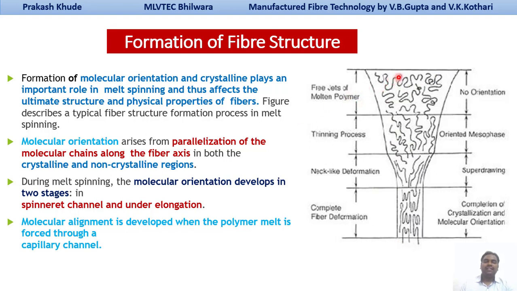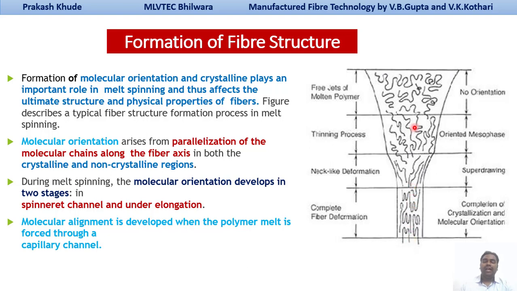As you know, molecular orientation and crystallinity play an important role in melt spinning, and ultimately affect the structure and physical properties of the fiber. If there is no orientation of the molecular chains, we will not get adequate properties.